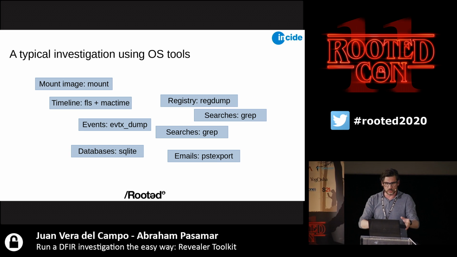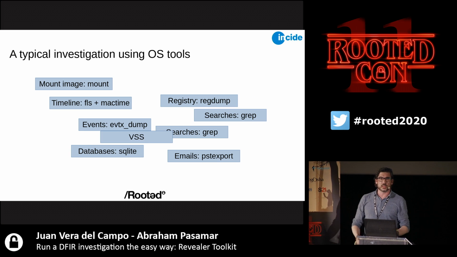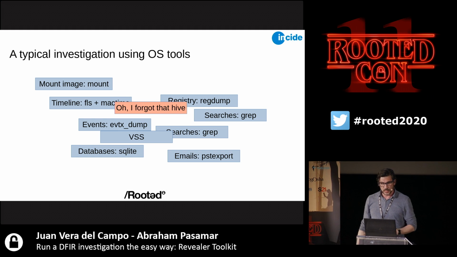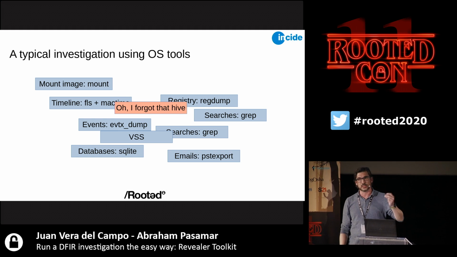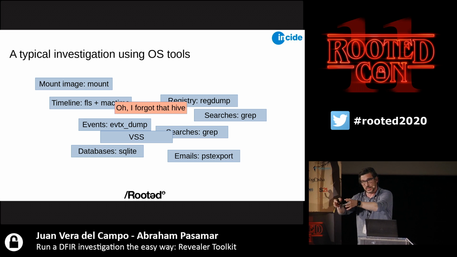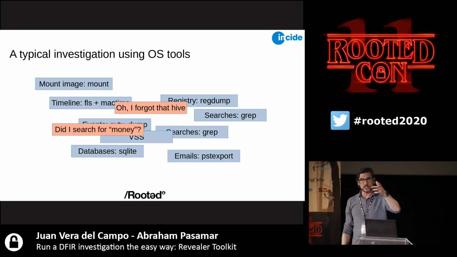So I parse the email and have the data. And after that, he says, well, there are things that have been deleted, or maybe, well, it seems so. So let's see the shadow copies, the restore points of the device. And out of all the artifacts parsed from the registry, he forgot a hive, so he needs to go back. He has to parse that hive, and he needs to analyze that hive again.